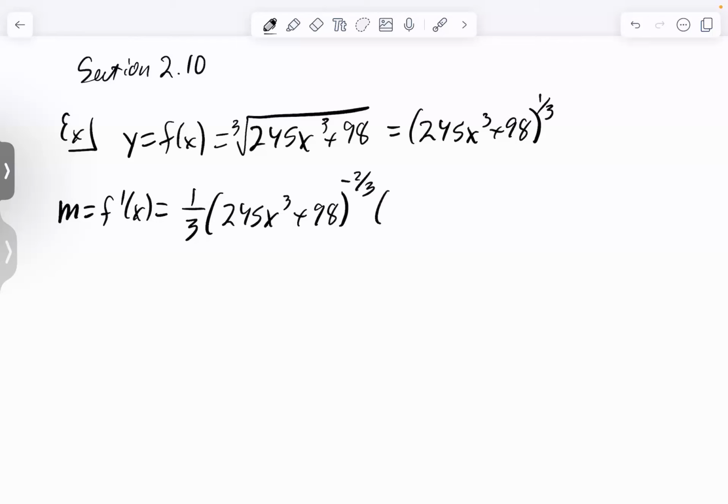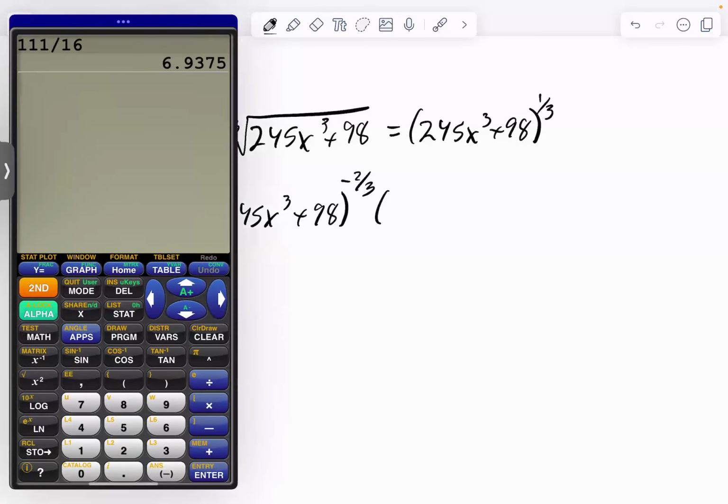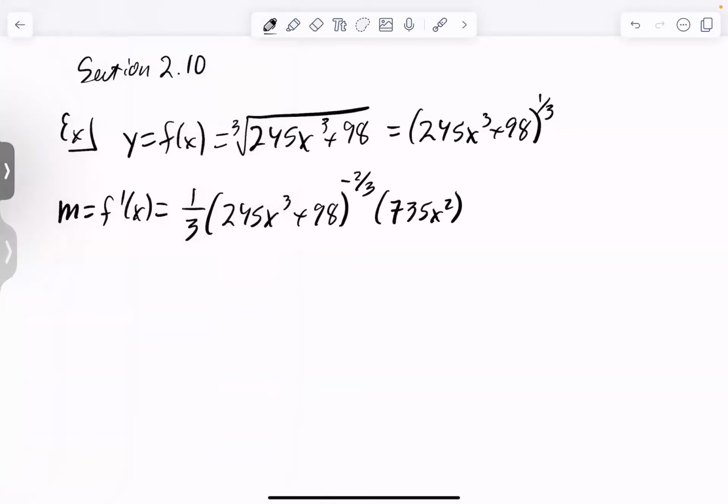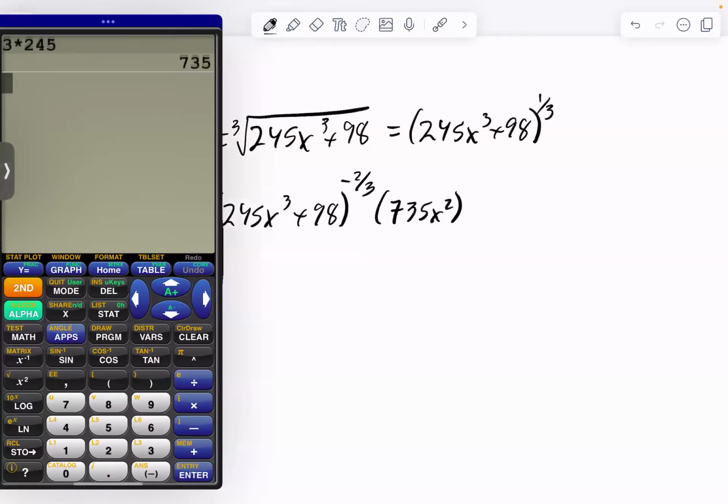I need to use the chain rule here, which means I need the derivative of the inside. So I need 3 times 245, and I'm getting 735 x squared. Let's clean that up a little bit by taking 735 divided by 3.